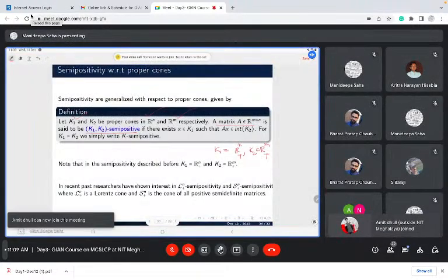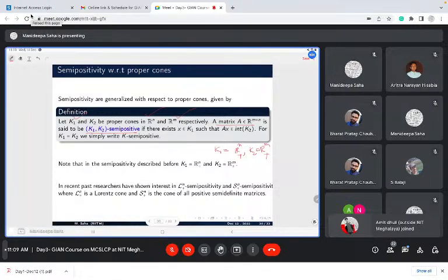So there will be an x which belongs to R^n plus, that is, non-negative, so x is greater than or equal to 0, such that Ax is in the interior of K2. That means Ax will be greater than 0. So this is the generalization of semi-positivity in terms of cones.